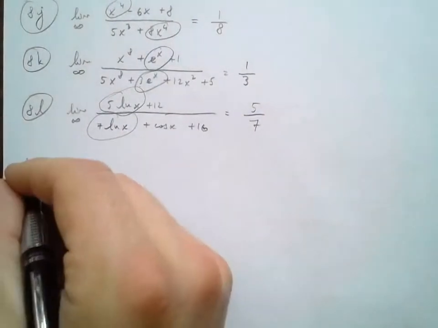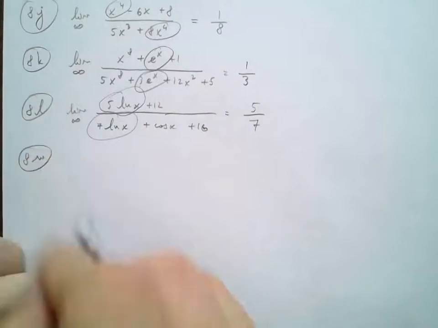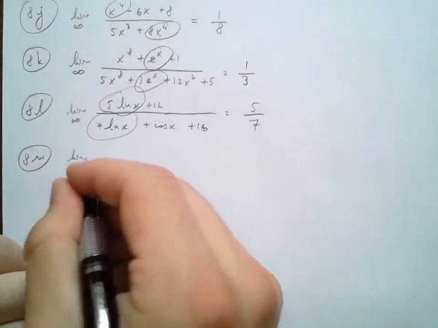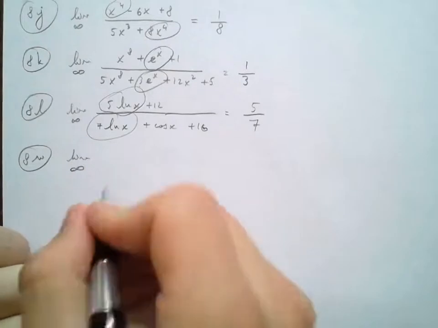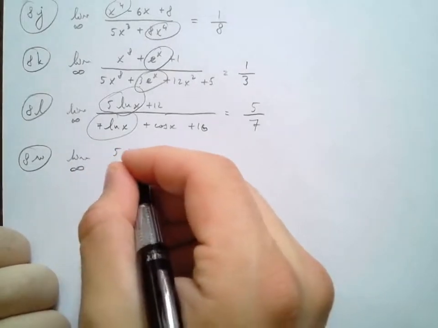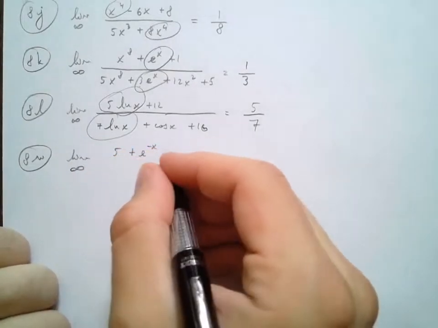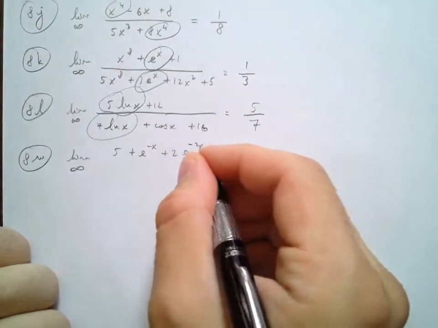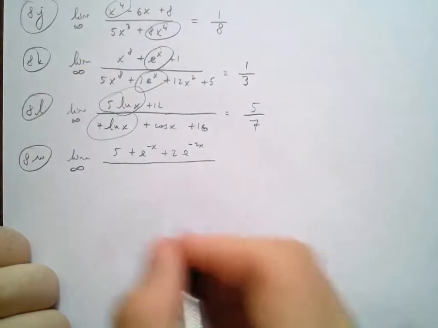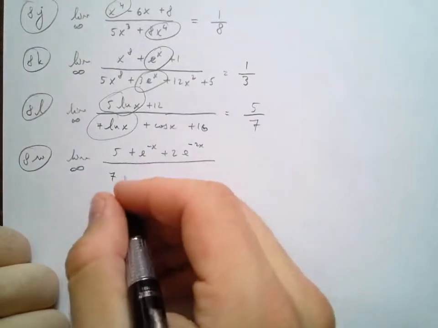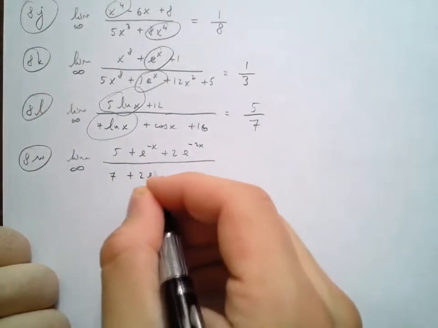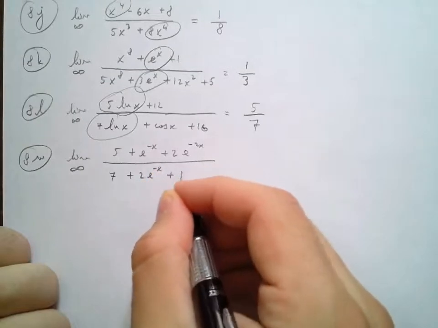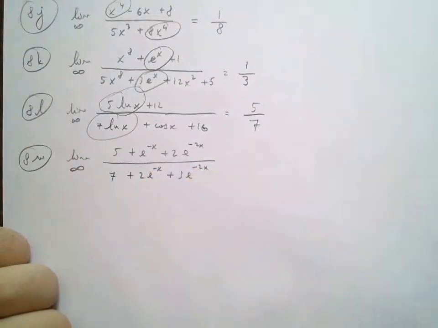How about 8m? So I have the limit at infinity of (5 plus e to the negative x plus 2e to the negative 2x) divided by (7 plus 2e to the negative x plus 3e to the negative 2x).